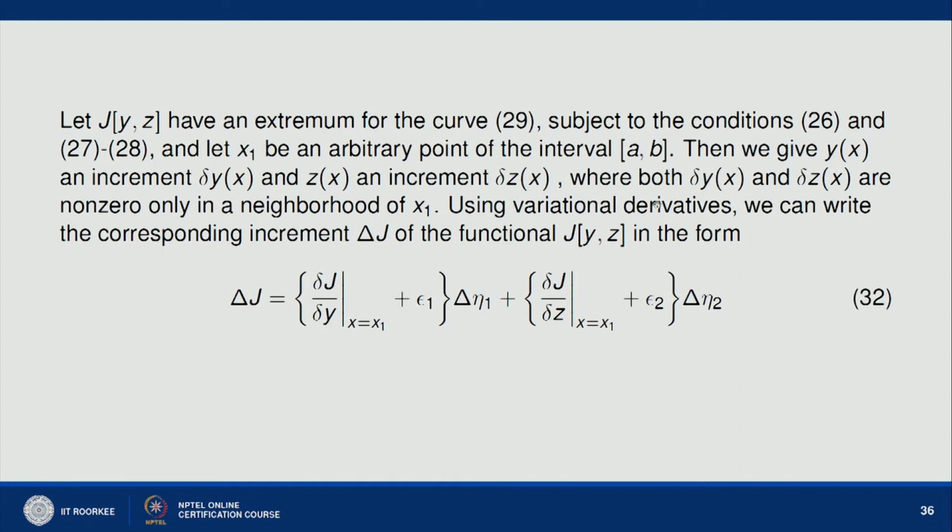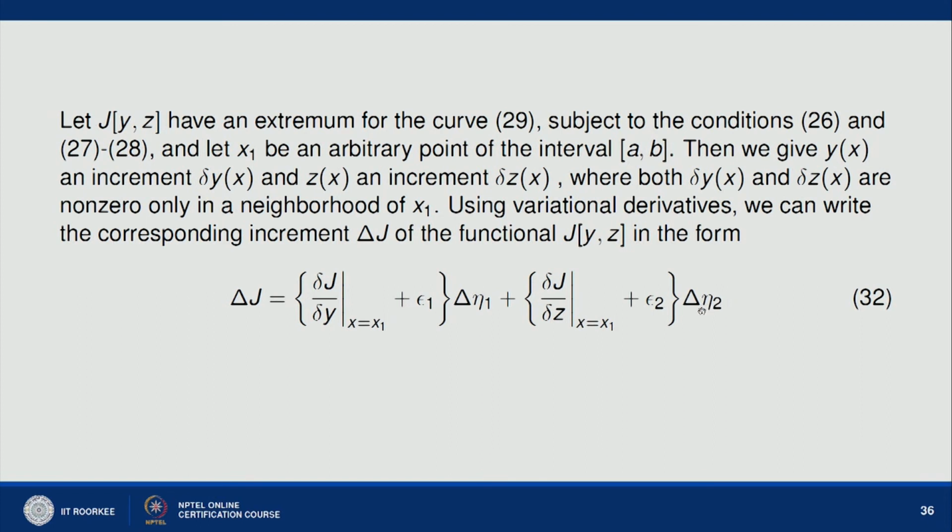Now, using the variational derivative we can write down the corresponding increment delta J as this. So delta J is delta J upon delta y evaluated at x equal to x1 plus epsilon 1 times delta eta 1, plus similarly for z, delta J by delta z at x equal to x1 plus epsilon 2 times delta eta 2.